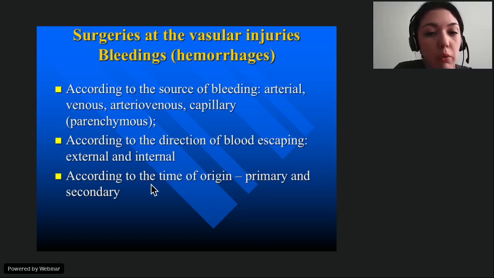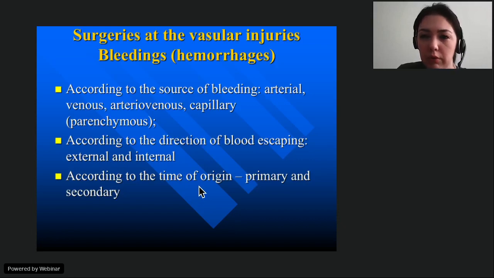According to the time of origin, bleedings are divided into primary and secondary. Primary bleedings appear right after the injury, right after any influence. Yes, so like there was an injury and the bleeding started.